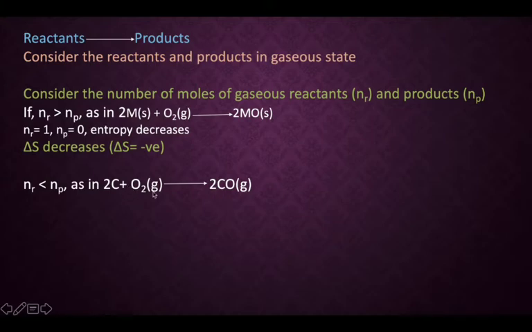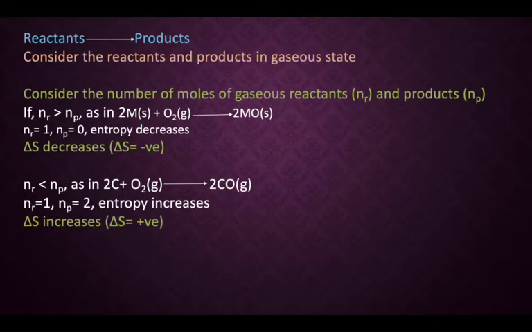On the reactant side there is 1 mole of the gaseous compound, oxygen, whereas on the product side there are 2 moles of gaseous compound. So the number of moles of gaseous product is more compared to that of the reactants. As the number of moles of gases has increased, we say that entropy is also increasing, or in other words delta S is positive.